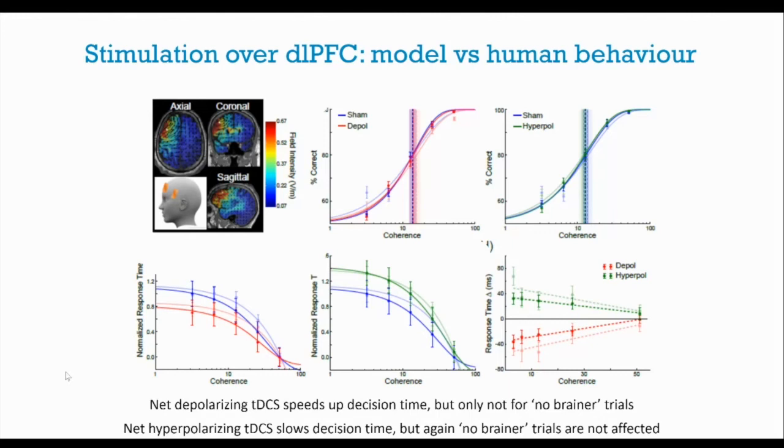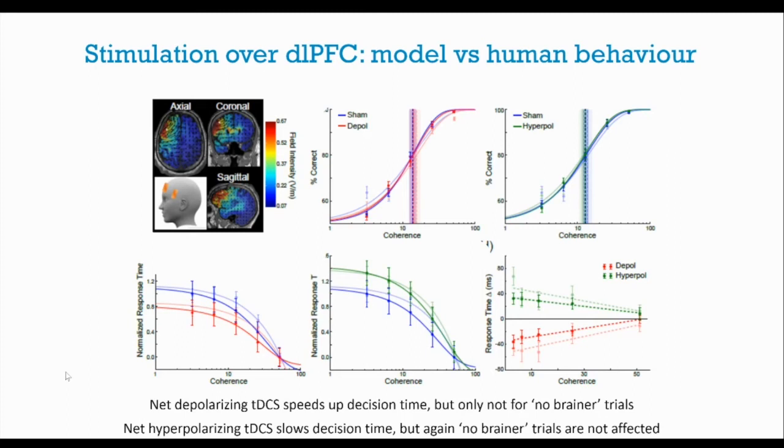But again, you also see that this only occurs for difficult trials. When the coherence of the stimulus is large, it's a no-brainer, and subjects get it right, no matter what type of stimulation you apply. It gives some reassurance that the model is sufficient to describe this process. It doesn't claim that this is how it works, but it is sufficient, and within that, we can ask specific questions.